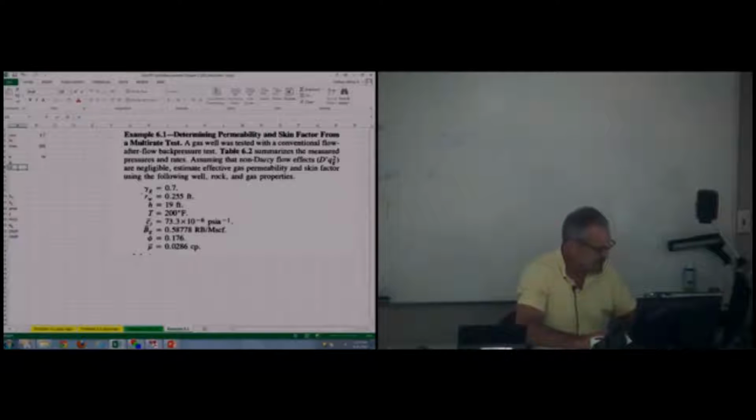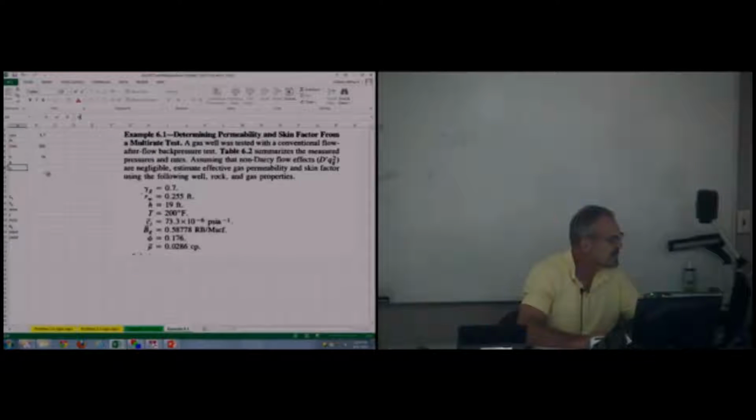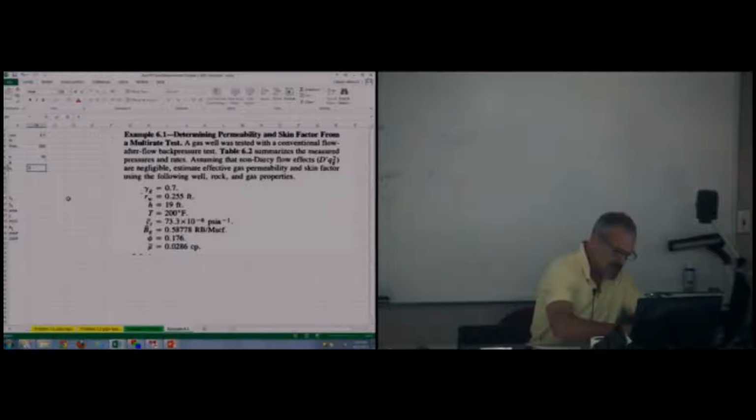Total system compressibility, we're going to spend some time right now, right here, is 73.3 times 10 to the minus 6.